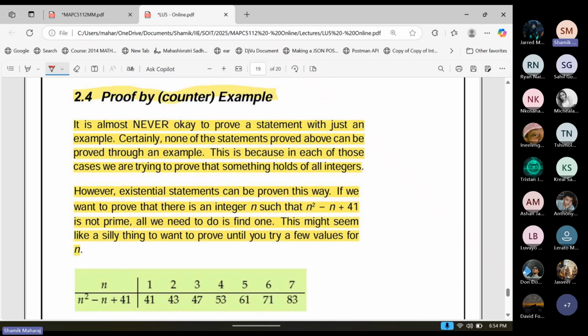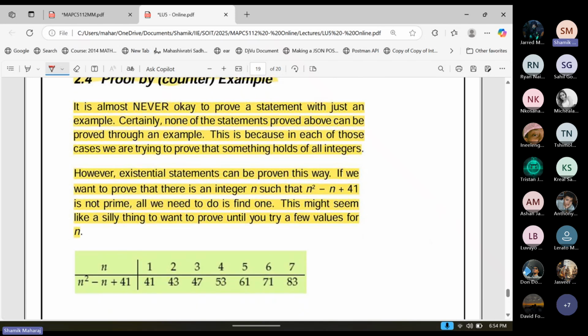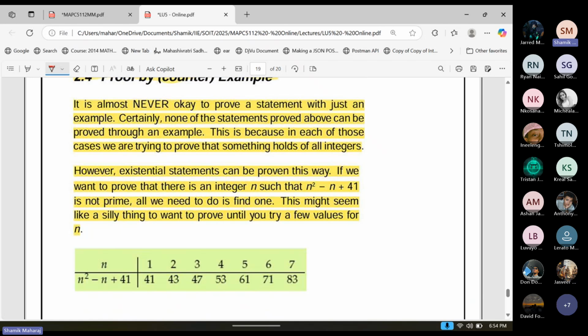Proof by counterexample. It's a situation where someone claims something to be true, right? So what they claim to be true here, let me just find this quickly in the paragraph somewhere. Okay, there it is right here: there's an integer n such that n squared minus n plus 41 is not a prime.